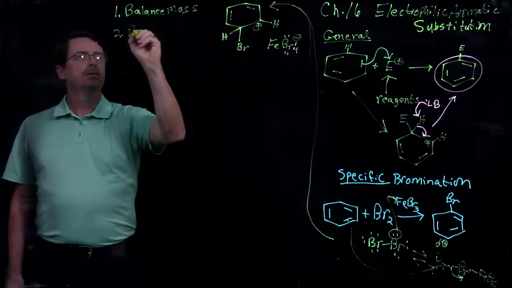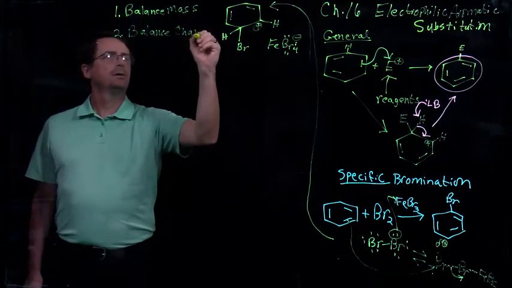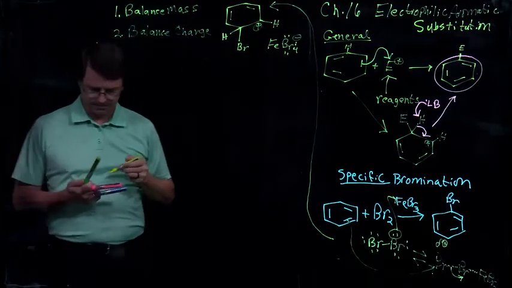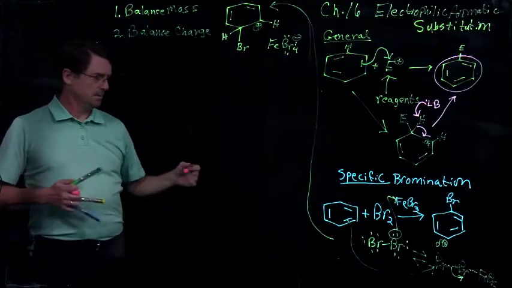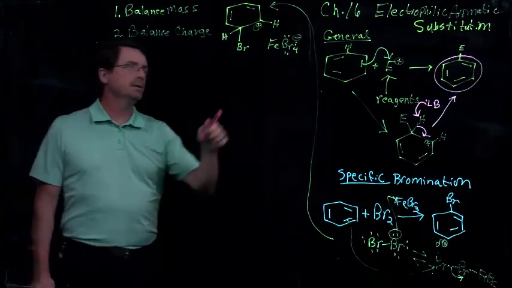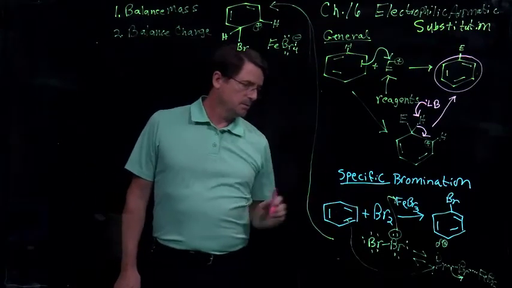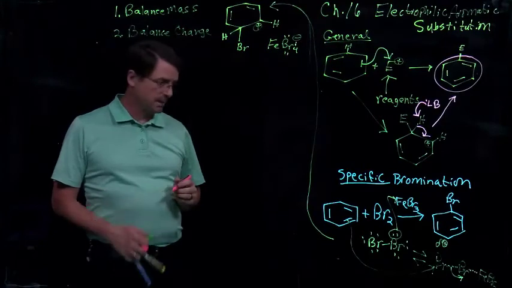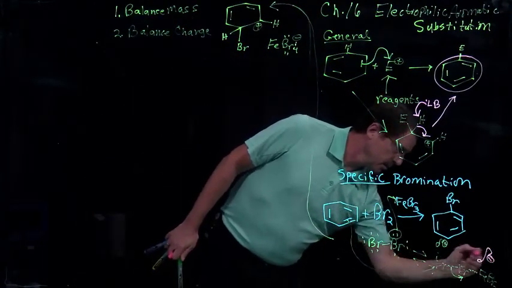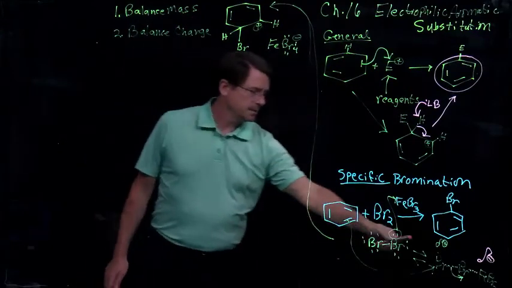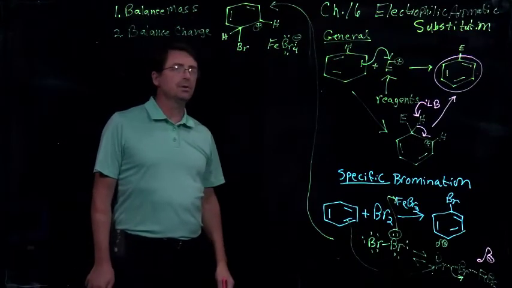Second, we balance charge. So let's look at our compound here. We've balanced the mass and the charges. We started out neutral. We eventually get to be neutral. This, of course, is developing partial negative charge over here to balance this partial positive charge if we want to be balanced even with the partial charges.